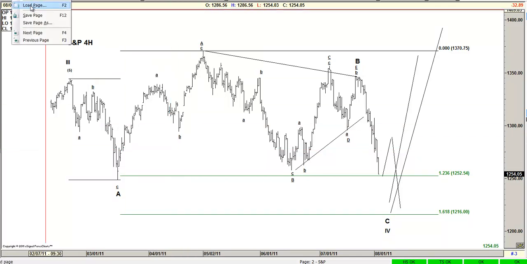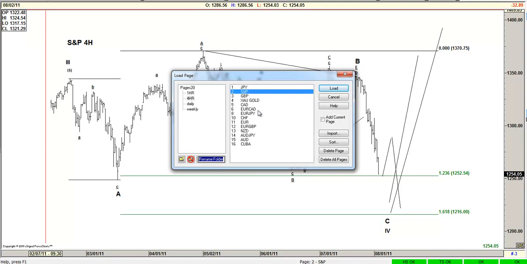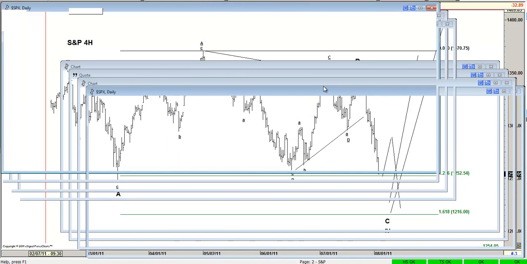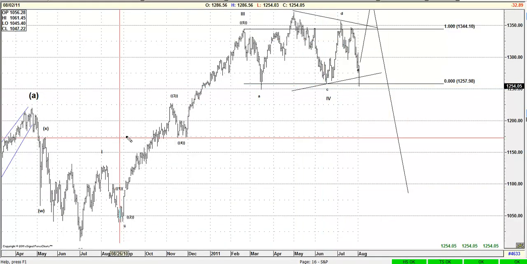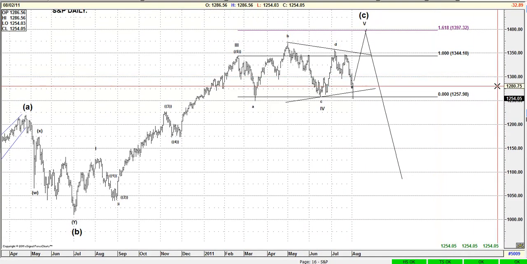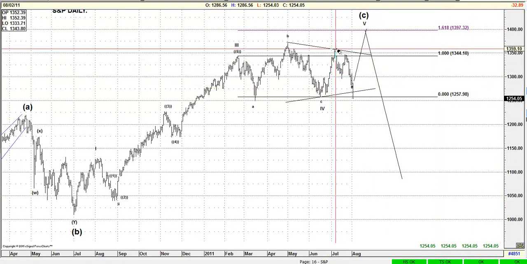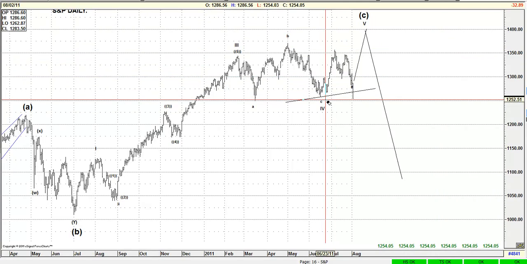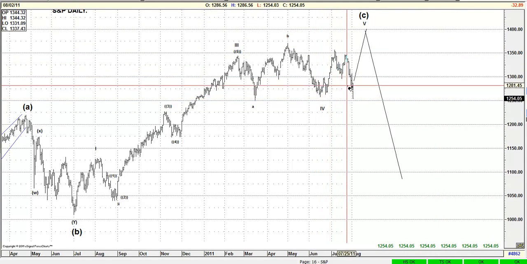Now let me show you the euro. I'm sorry, before that let me show you the S&P in the dailies. Of course, the triangle that we were presenting there was invalidated, but two things, one good, one bad, happened today.